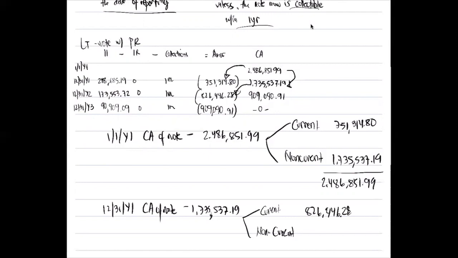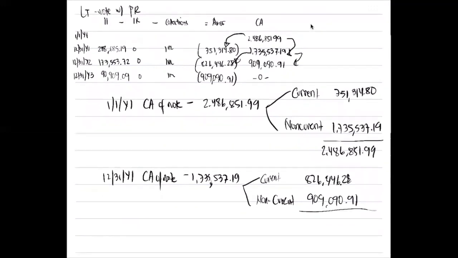Okay? The non-current portion is the carrying amount subsequent to date, so 909,090.91. So pag i-total mo lang din naman yan, ang makukuha mo ay 1,735,537.19. Okay? So ang problema lang natin, paano natin siya i-present, whether current or non-current.